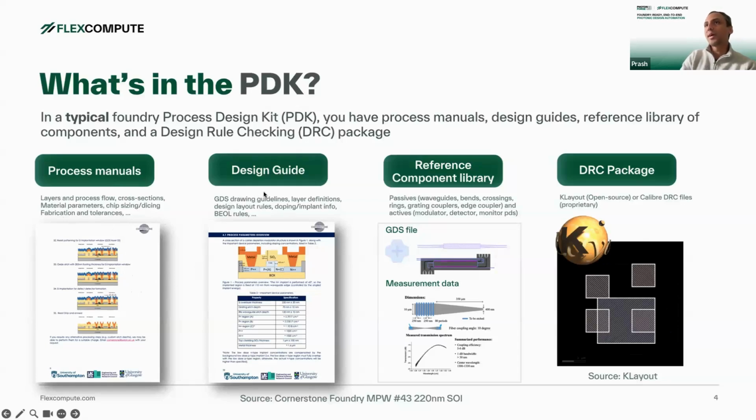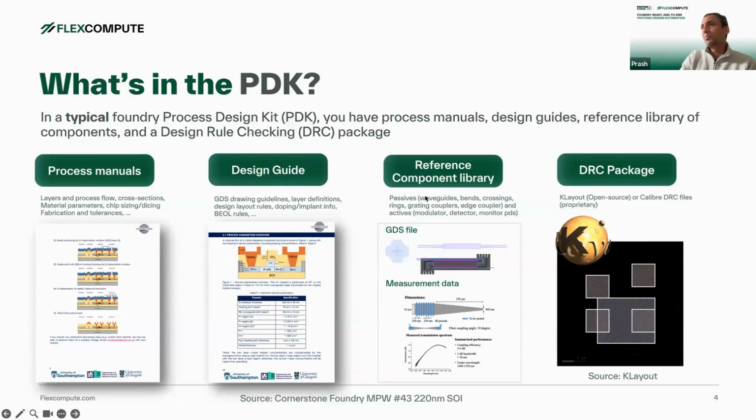You'll also have some design guidelines: how to draw your GDS, in what layers, what are some of the layout rules? You might even have some doping and implant information, back end of the line processing rules, all these things. And typically this comes in a PDF format, and there isn't quite a standardization yet, so it varies across foundries.